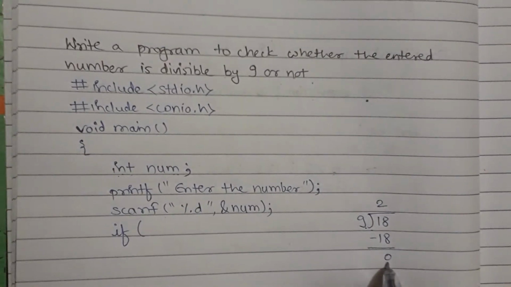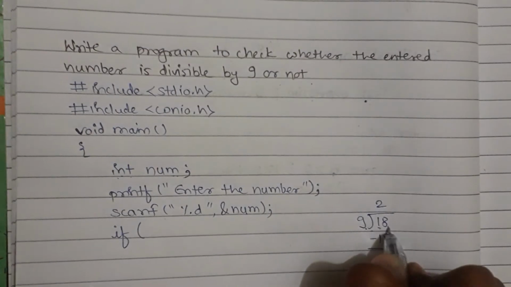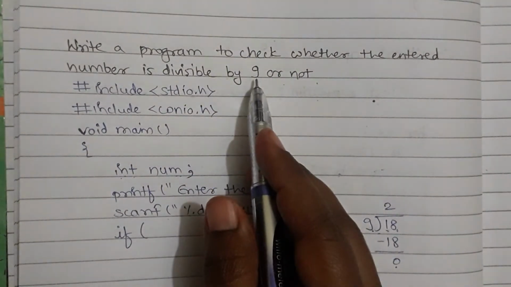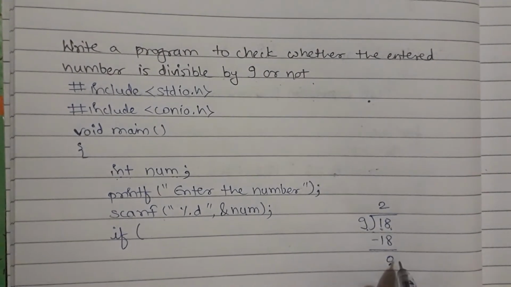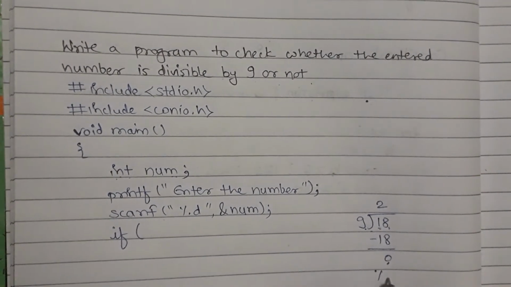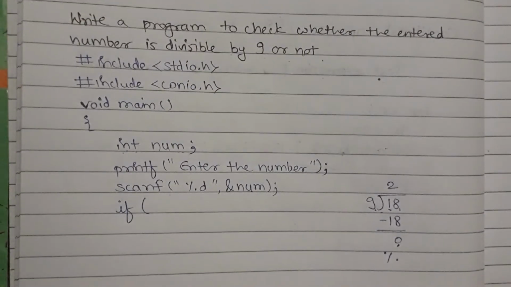If its remainder is 0, then we can say that this number, this 18, is divisible by 9. This remainder can be represented by using this modulus sign.